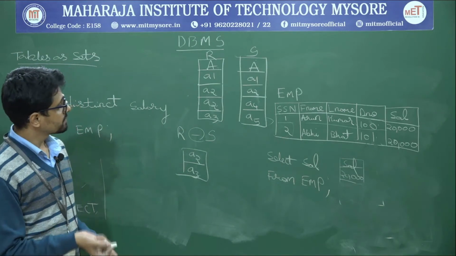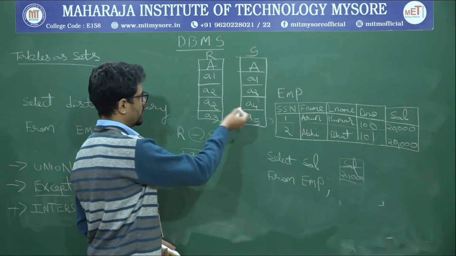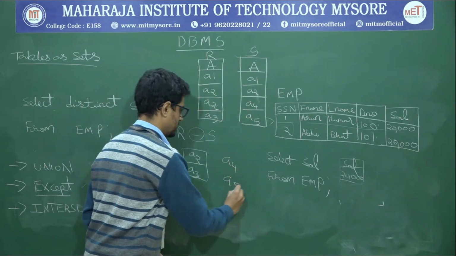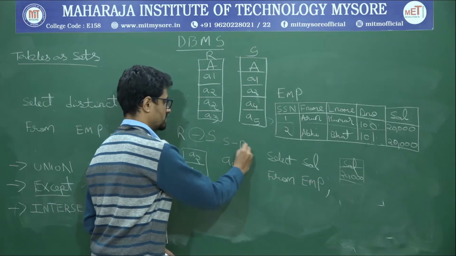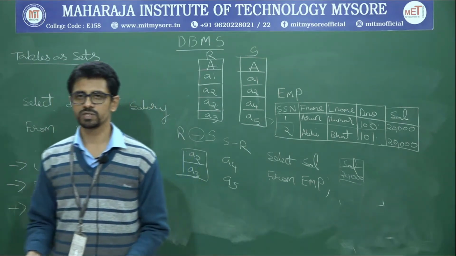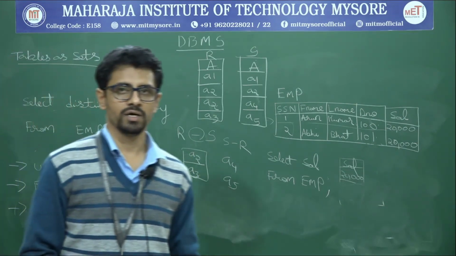In the meanwhile, if I do S minus R, A1 gets cancelled, A2 gets cancelled, we have A4 and A5 in the case of S minus R. So this way the except, called subtraction, works with respect to any left hand minus right hand.